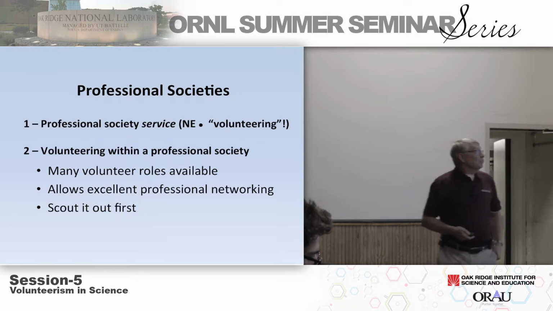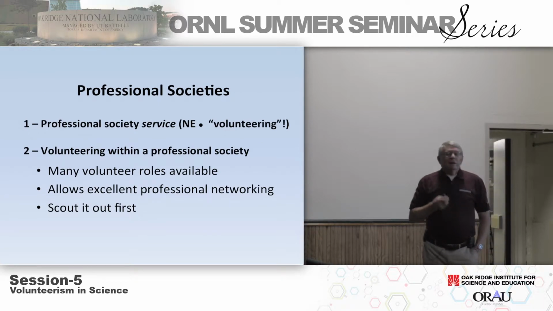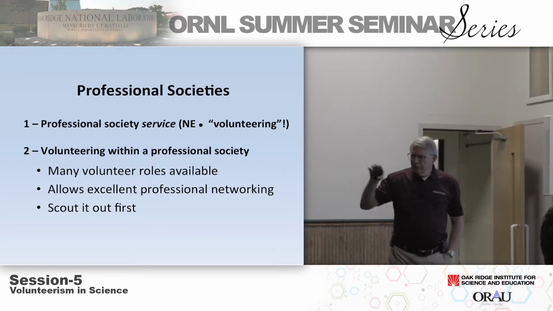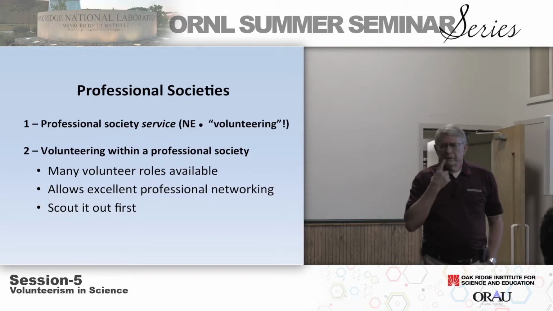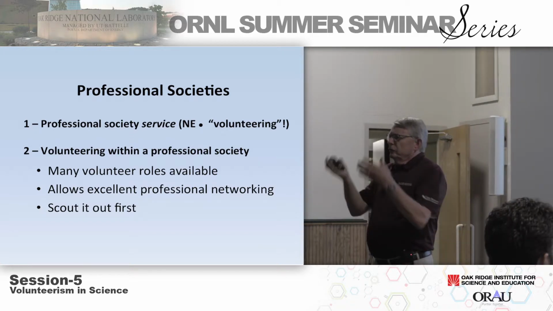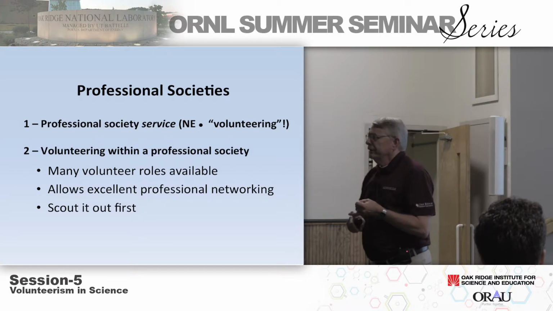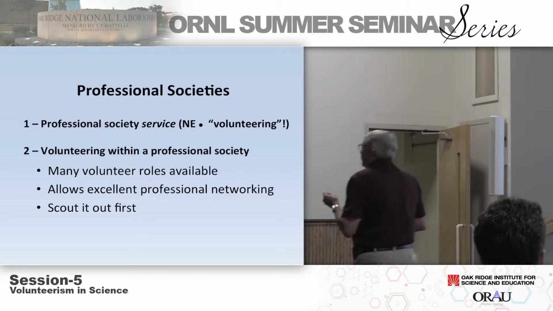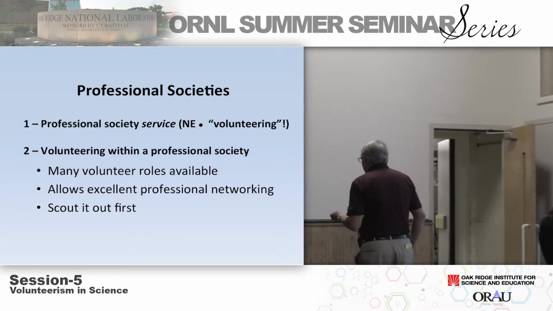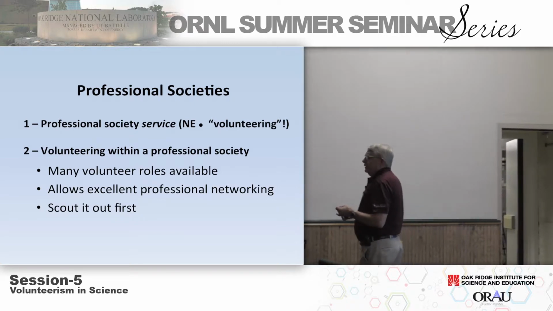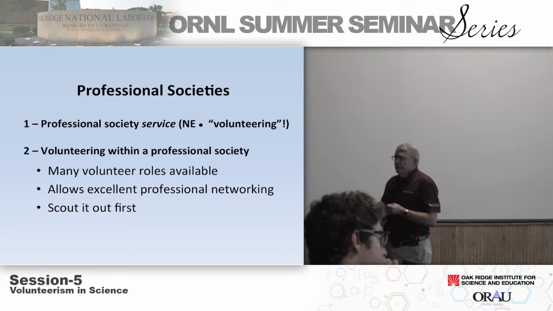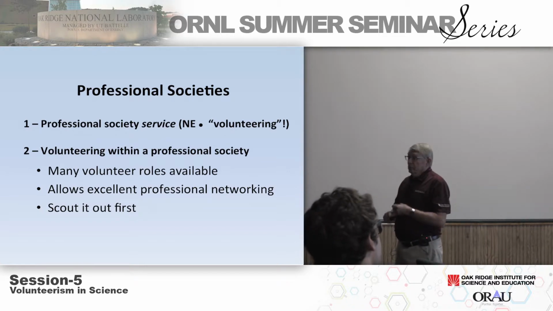Okay, professional society. Let's talk about that. We're going back now to that professional society link a little bit. I want to make clear that as you move up the food web in the area of science, you will probably become a member of one or several professional societies. And as we noted, there are opportunities to volunteer there. That's a good thing. But there are also expectations by professional societies that are not volunteer, but things that you will have to do as a professional member of the society.